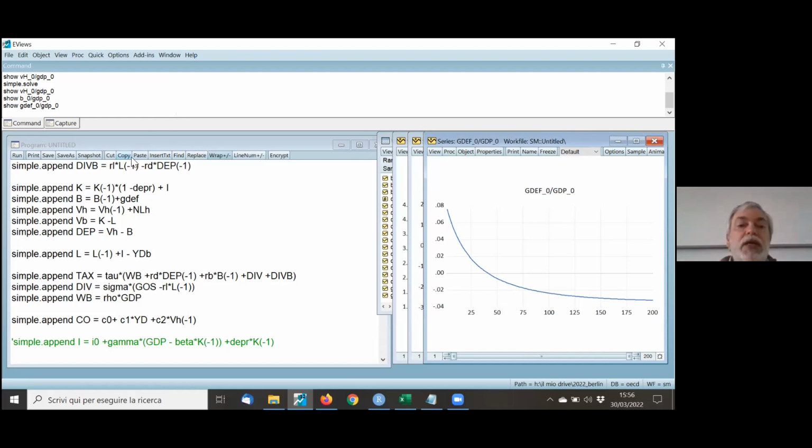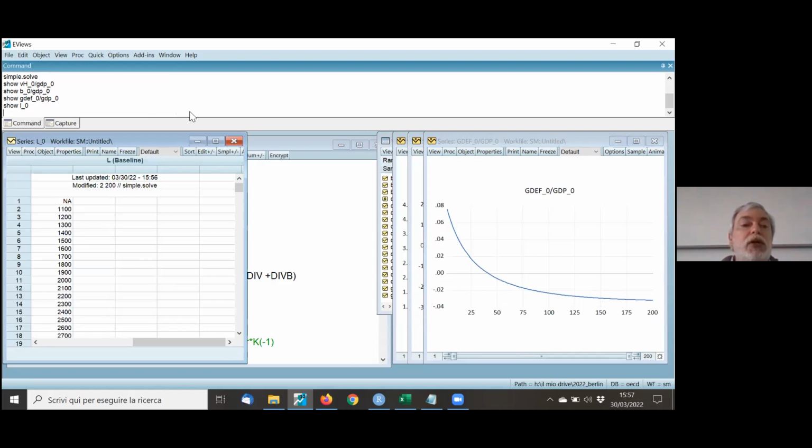But this must be the outcome of our parameters for the consumption function. Because here, basically, since there is no investment, the stock of, well, why is this growing so much?